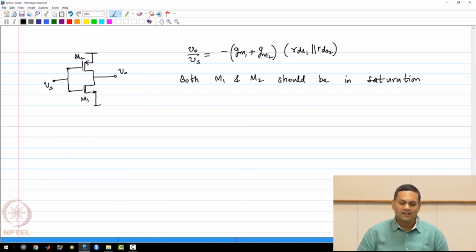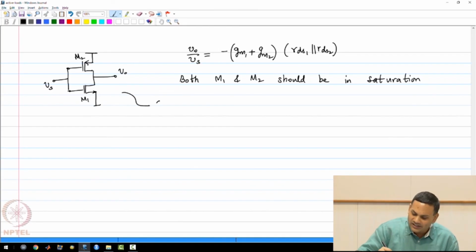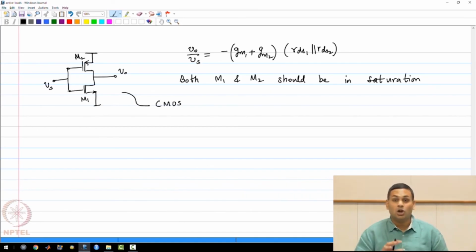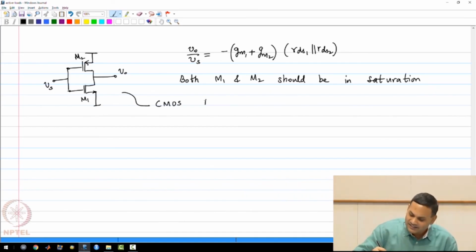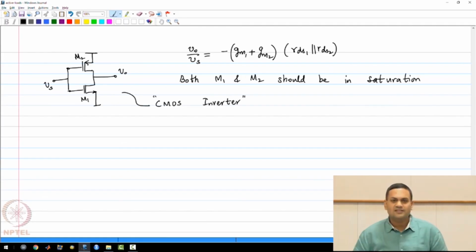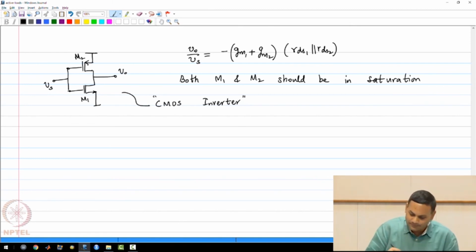Those of you who have taken a course on digital integrated circuits will know that this circuit is actually used in digital design, not in a small signal fashion, as the CMOS inverter. In those cases, you do not apply a small signal voltage at the input, and you don't take a small signal voltage at the output. I encourage all of you to go back and draw the Vout versus Vin DC characteristics for this circuit.